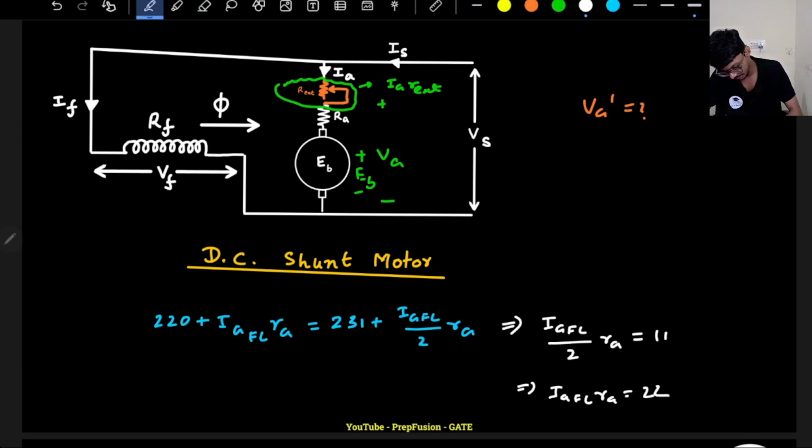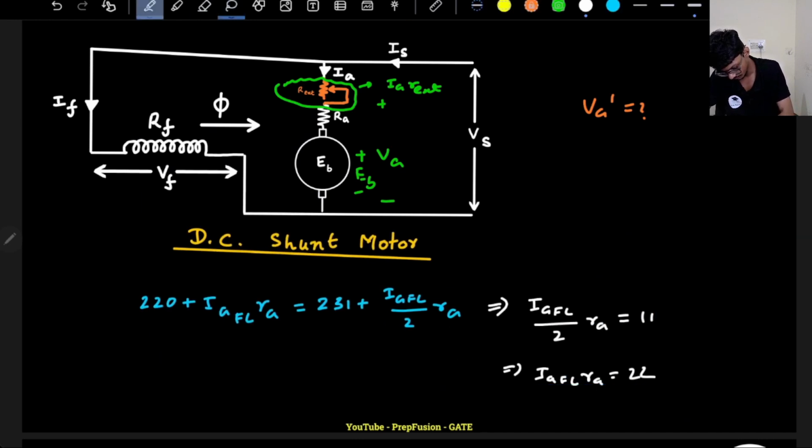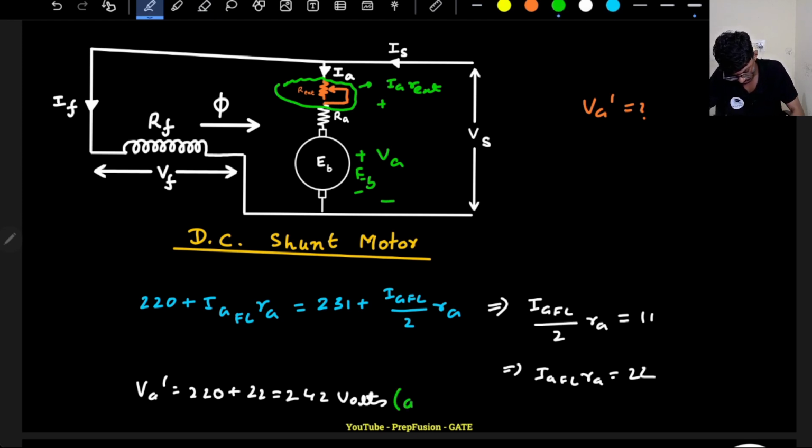So from here I can directly find my VA dash, the armature voltage drop, which will be 220 plus IAFL RA, that is 22. So it becomes 242 volts. Okay, so this is the answer basically.